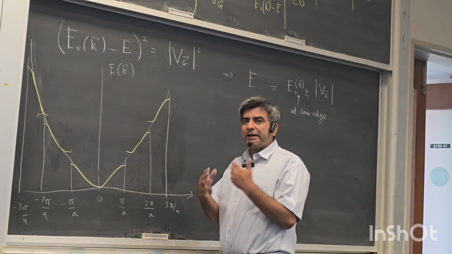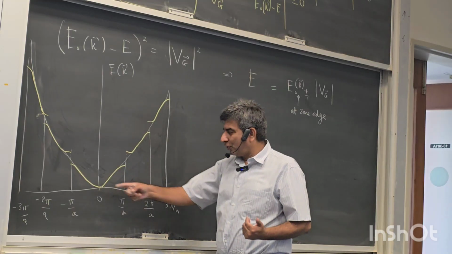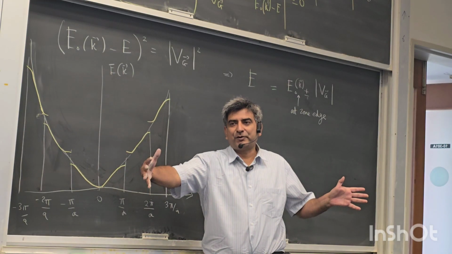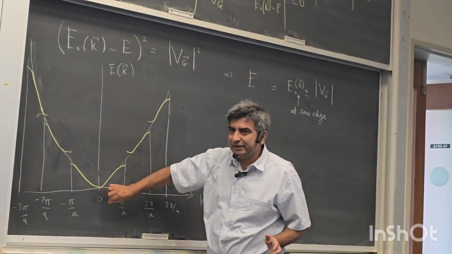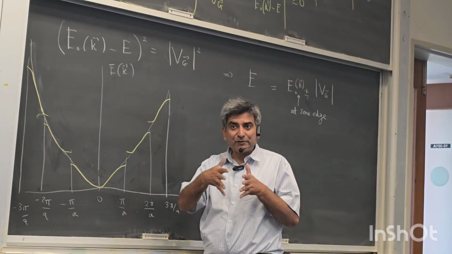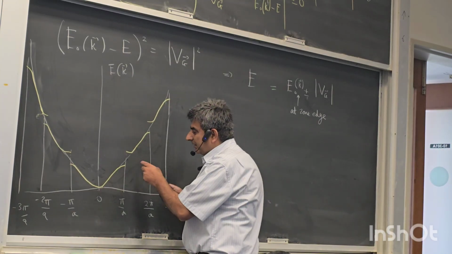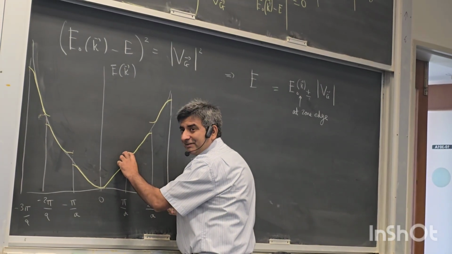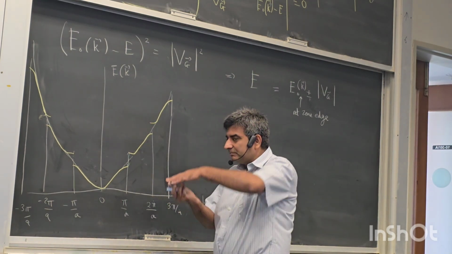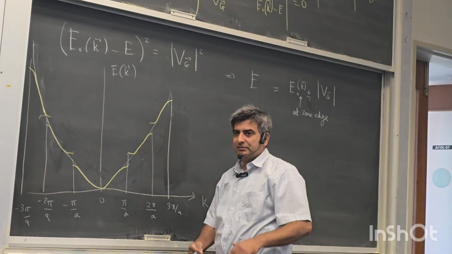There are no energy levels. All of these are energy levels. Everything is discretized because of the periodic boundary conditions. These are fine points in the K space. Each point has a separation 2 pi over L. But there are no energy levels in this region. And this gap here, what's the amount of this gap?